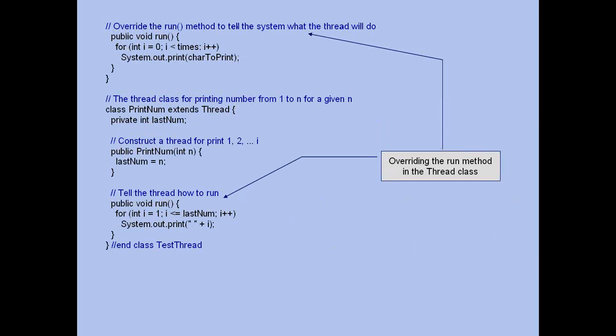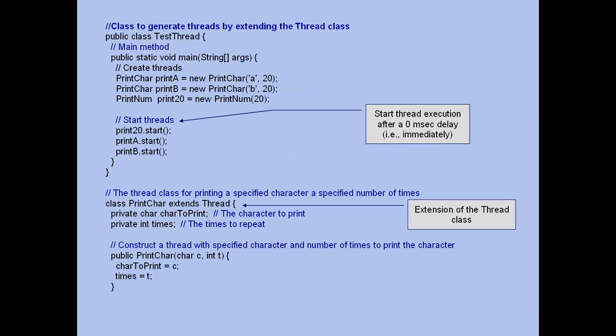So nothing much difference between print char and print num. Both override the run methods. Now tell me what happens when you start print 20 dot start, print a dot start, and print b dot start.